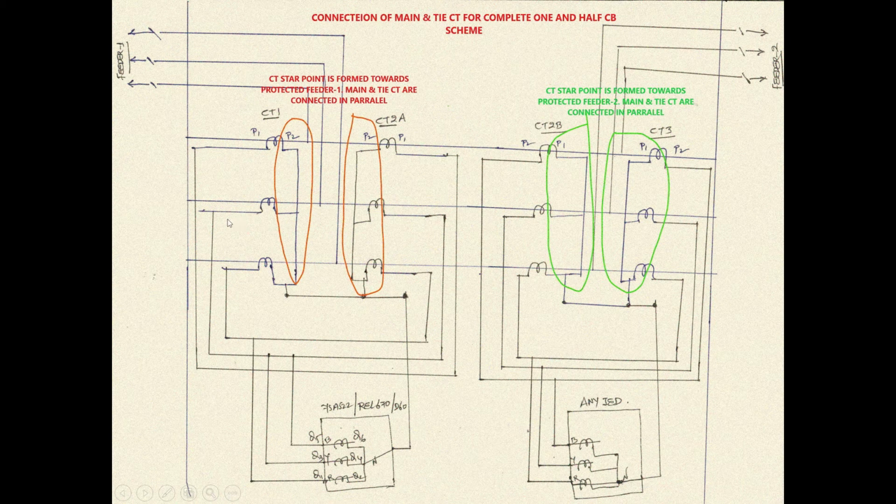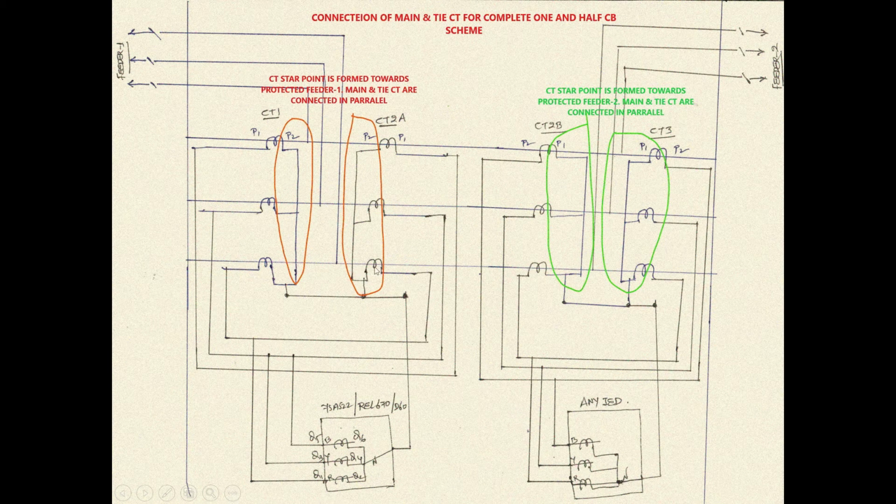Similarly, Y phase of CT1 will be connected with the Y phase of CT2A, and then this single wire, that is the Y phase of CT1 and Y phase of CT2A in parallel together, is now connected to the Y phase coil of your relay.